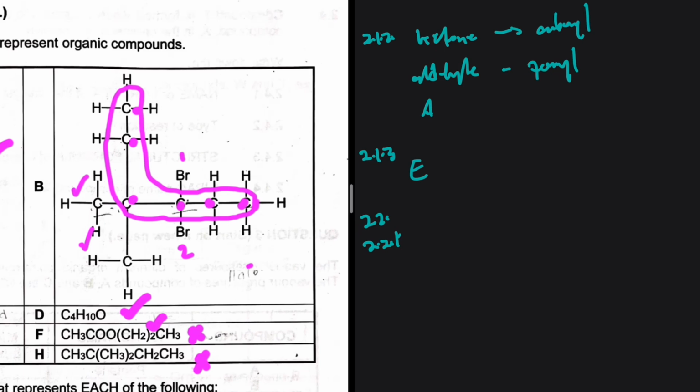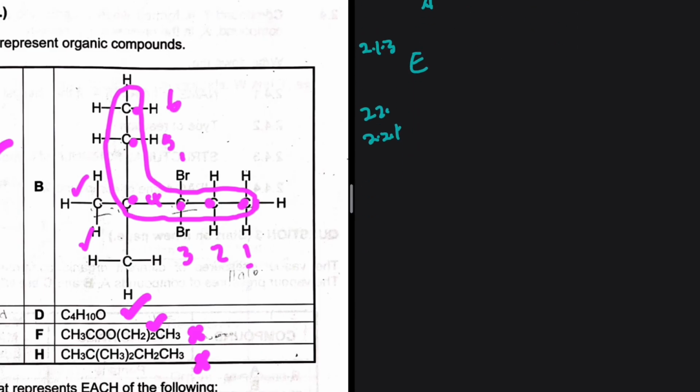Bromo comes before methyl, right? So we must start with bromo, therefore. So this is going to be 1, 2, 3, 4, 5, 6. We have bromo on the third carbon, so 3,3-dibromo.